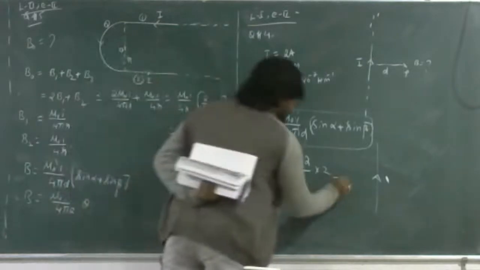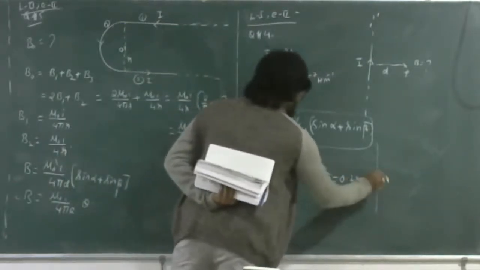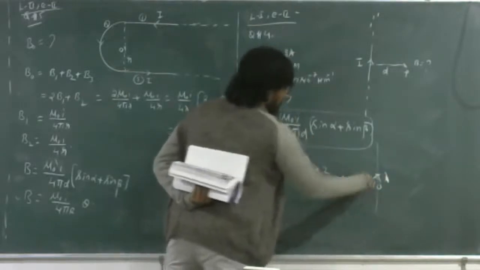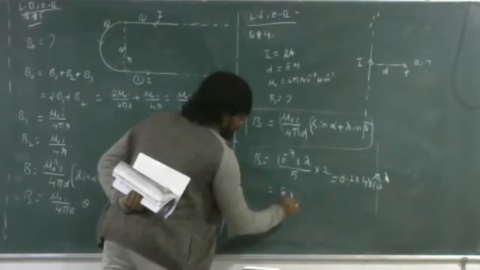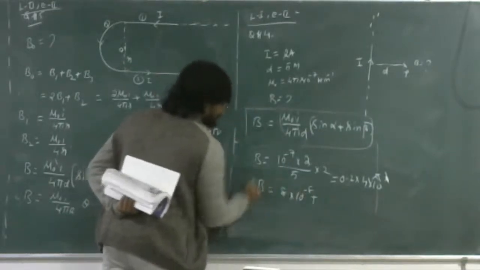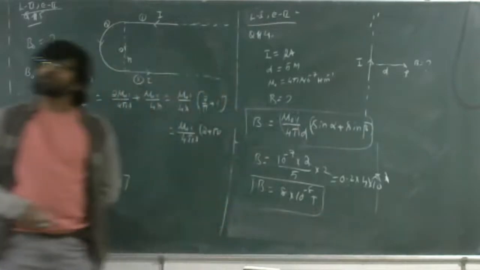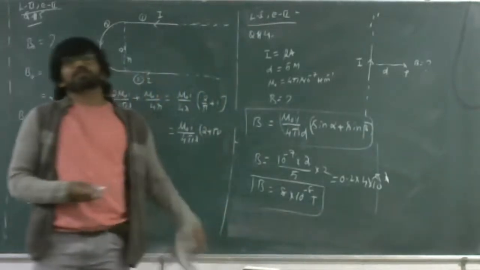So it is 0.2 into 4 into 10 to the power minus 7. So you can write it as 0.8 into 10 power minus 7, or 8 into 10 to the power minus 8. Yes, this is B, in Tesla: 0.8 into 10 power minus 7 Tesla or 8 into 10 power minus 8 Tesla.